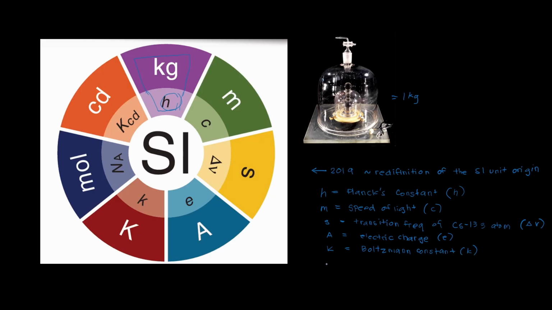And then we have the mole based on, sorry, Avogadro's number, which is N sub A. And we have candela, which is based on luminous efficacy, which is K sub cd.